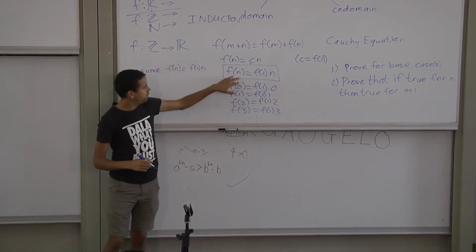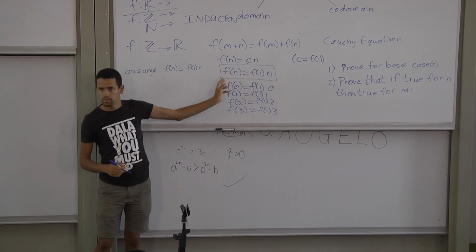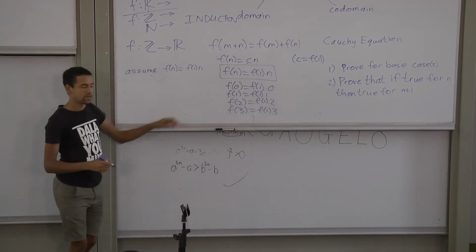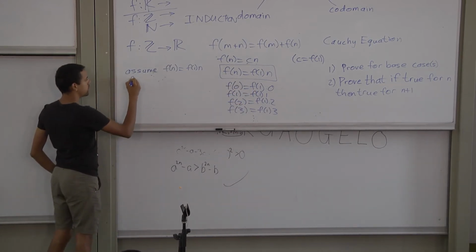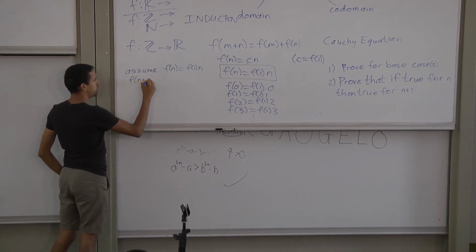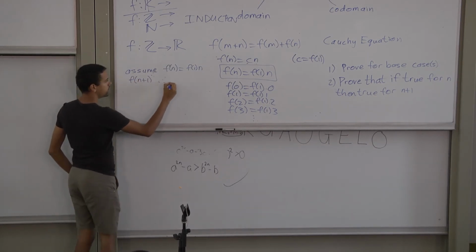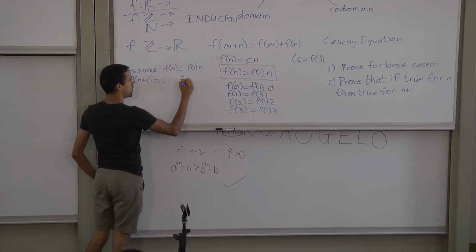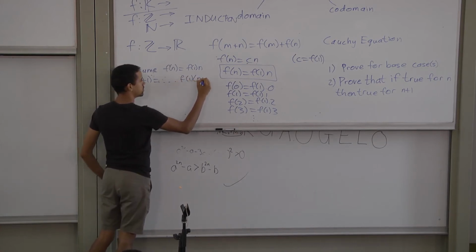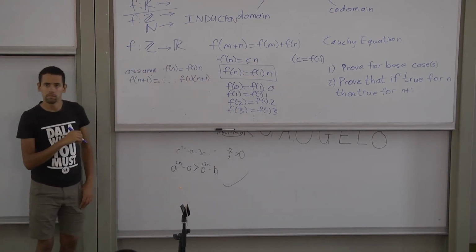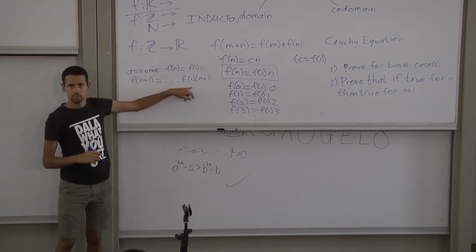Now we want to prove the corresponding statement for n plus 1. So we want to find what f of n plus 1 is, and hopefully get to f of 1 times n plus 1. That's what we want to get to.